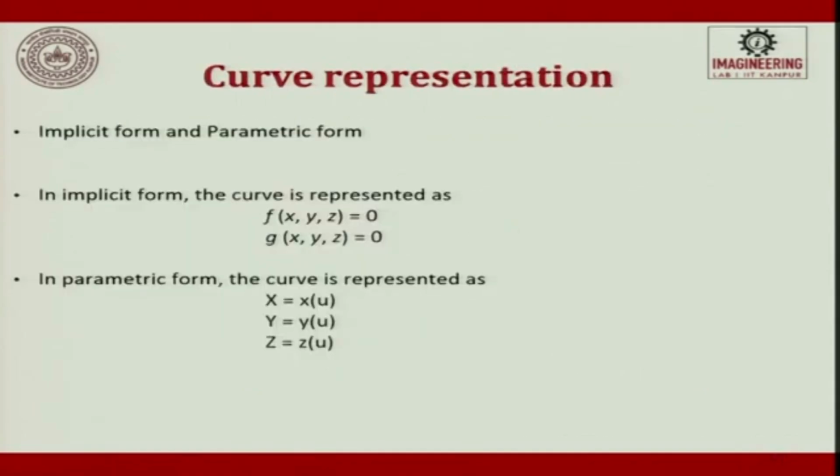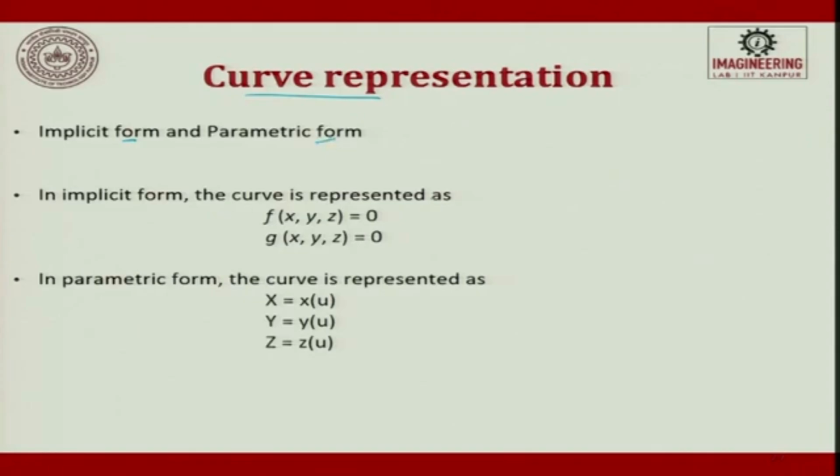Now let us see how we express or represent a curve, because a straight line is easy, but now let us see the curved representation. Here you have two forms of representation, one is implicit form, the other is parametric form.